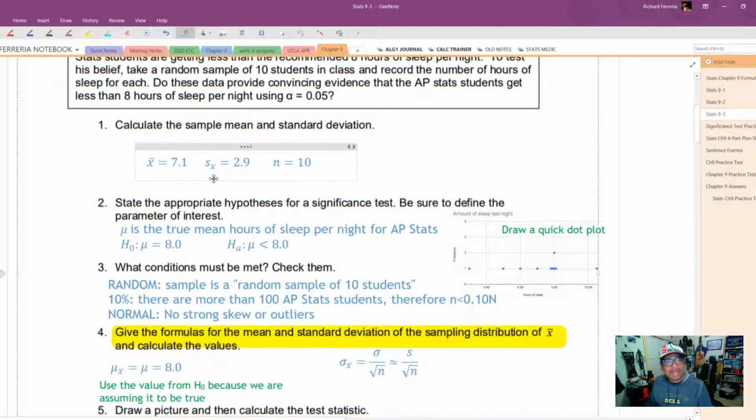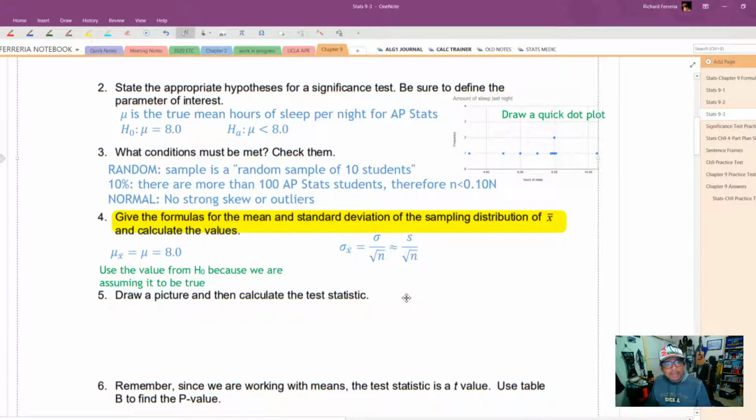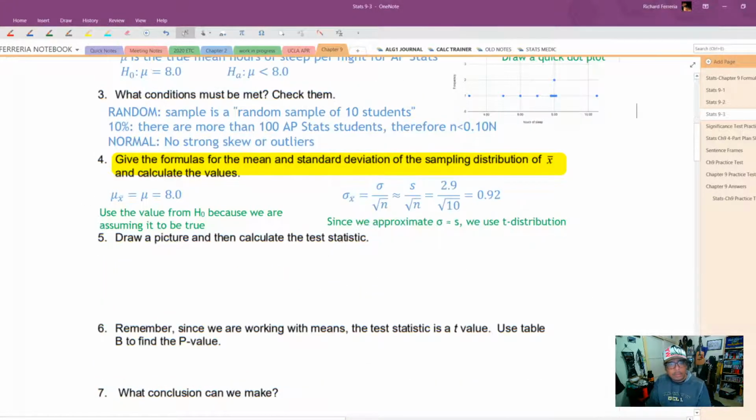That should have been s x and not sigma x. My mistake. So s over square root of n. This is 2.9 over root 10, or 0.92. Notice that I went one more decimal place than mu. I have mu at 1 decimal place, so my sigma is going to go to 2 decimal places. And again, we're using s to approximate sigma.